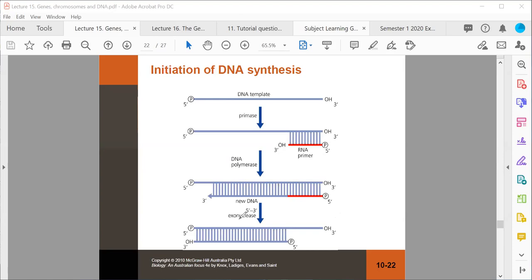And when it says exonuclease, it means that it's degrading from one end, as opposed to an endonuclease, which would degrade in the middle of a molecule rather than starting from one end. So you can see that the RNA primer sequence has been removed here, and that's the actual function of the exonuclease. And of course, a nuclease is an enzyme that degrades nucleic acids.